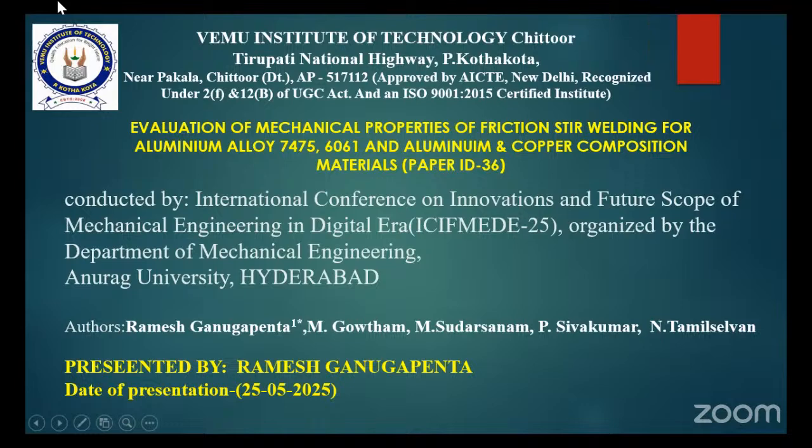This is the FSW specimen geometry of the aluminum and copper composition, aluminum 6061, and aluminum 7475 alloys, as shown in the figures on the experimental work slide.